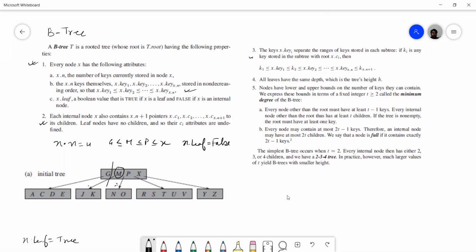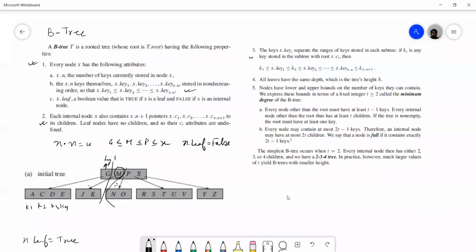One range is this one, and the other range is this one. Here it is saying that if I am taking x dot ki, and ki is a key stored in any subtree, this is k1, this is k2, this is k3, this is k4, for example, and key 1 we are taking, suppose G.